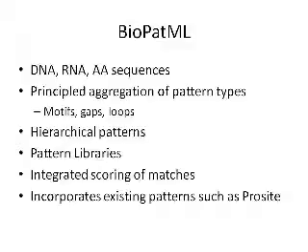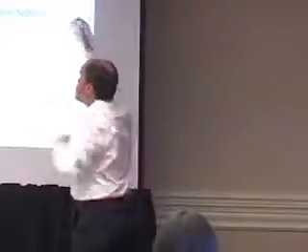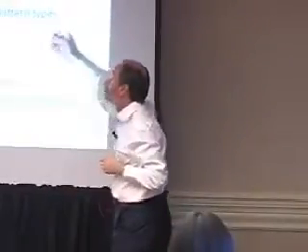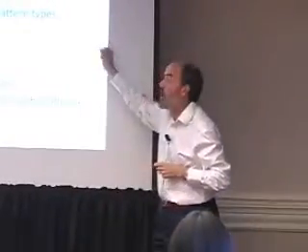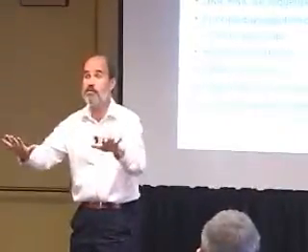Okay, BioPatternML itself, just to summarize, it covers DNA, RNA, and AA sequences, and all the IUPAC variations on the symbols. It allows a principled aggregation of pattern types, motifs and gaps and loops, hierarchical patterns, support for pattern libraries, integrated scoring of matches so that you can have a combination of scores of matches of the elemental components being combined in a weighted fashion over the hierarchy.